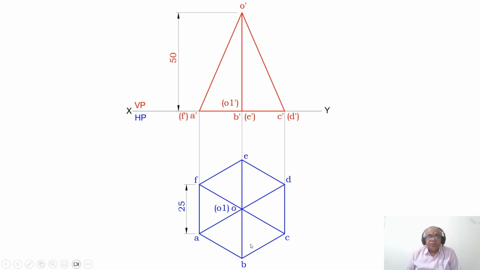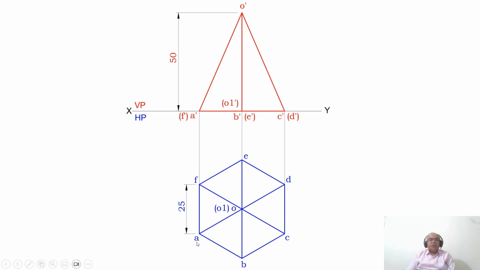Then by using the compass, take a radius of 25 with B as center, and cut an arc on the circumference of the circle on the left hand side and similarly on the right hand side. Similarly, with the same radius with E as center, cut on the circumference of the circle on the left side and also on the right side.